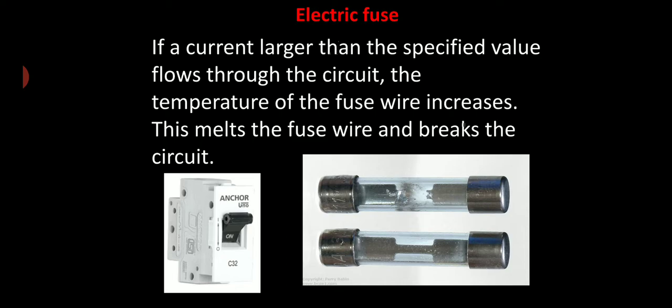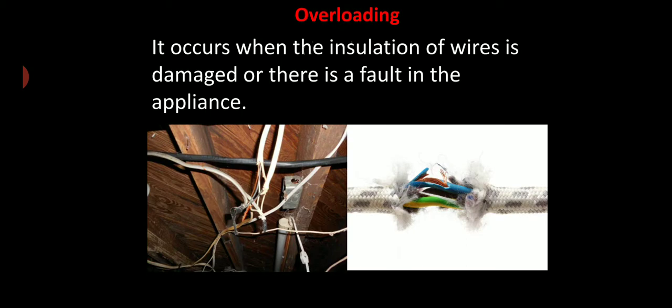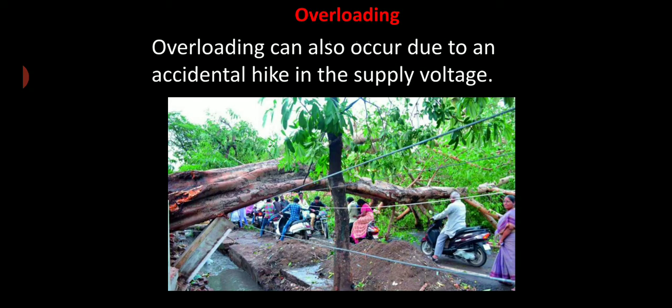So what is this overloading? Overloading occurs when the insulation of wire is damaged or there is a fault in the appliances. It can also occur due to an accidental hike in the supply voltage, and sometimes due to excess current.